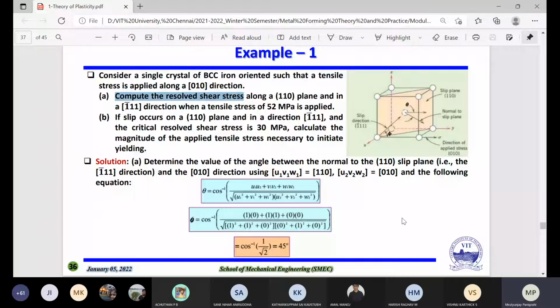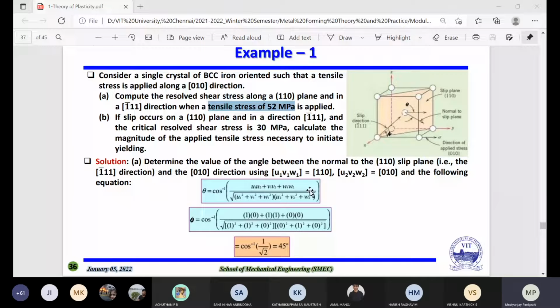How much will be the resolved shear stress? What is the equation? Tau RSS equal to sigma cos theta cos phi. Sigma is given. Tensile stress is how much? 52 megapascal. Then you have theta, you have phi.